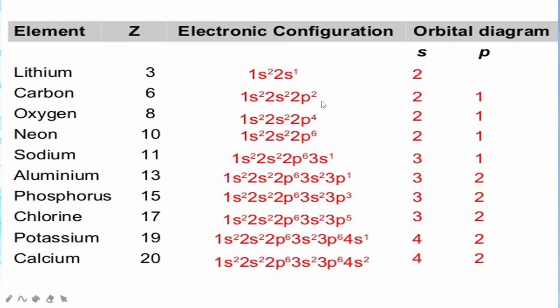So carbon has an atomic number of 6, and so on and so forth for oxygen, neon, sodium, aluminum, phosphorus, and all the elements in the periodic table of elements.